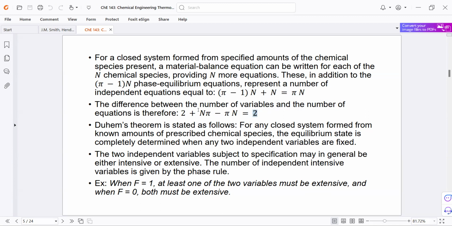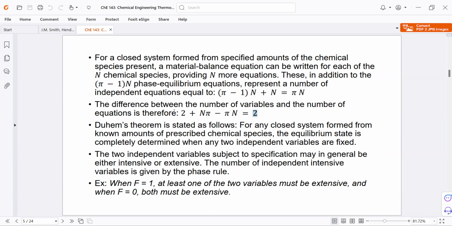Duhem's theorem states that for any closed system formed from known amounts of prescribed chemical species, the equilibrium state is completely determined when any two independent variables are fixed. Because based on our derivation, the degrees of freedom is 2. So we just need to fix any two independent variables.